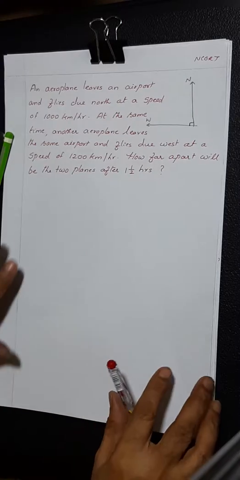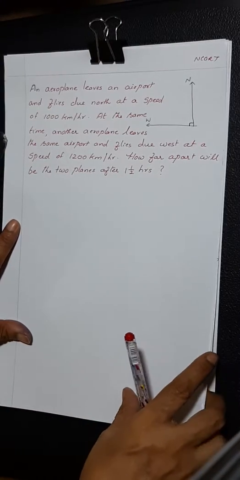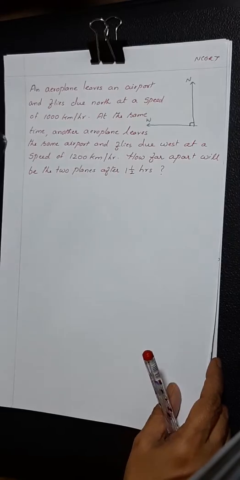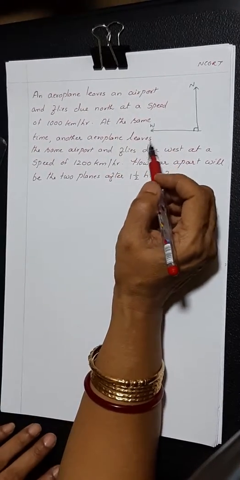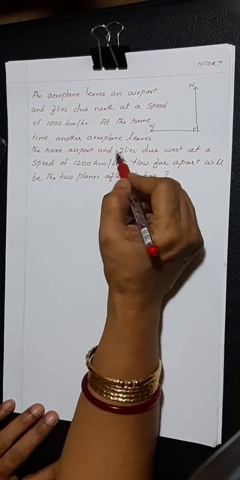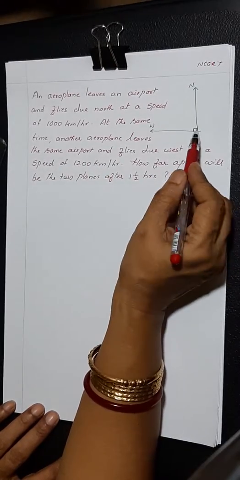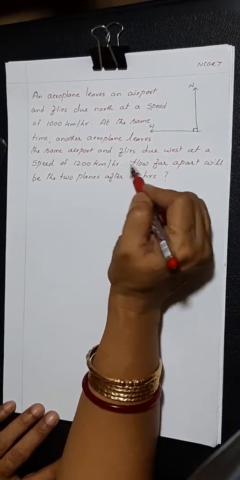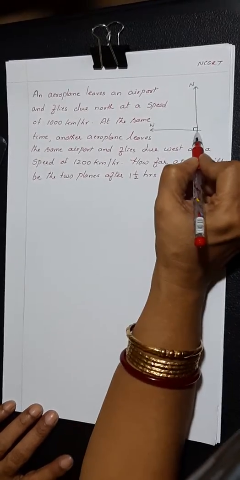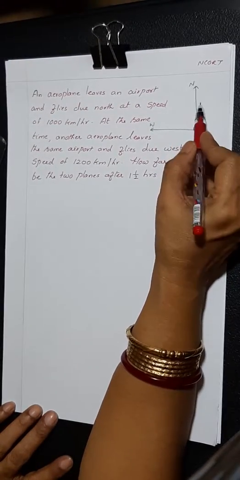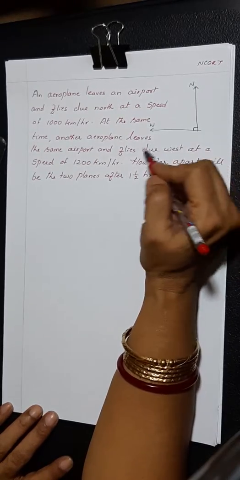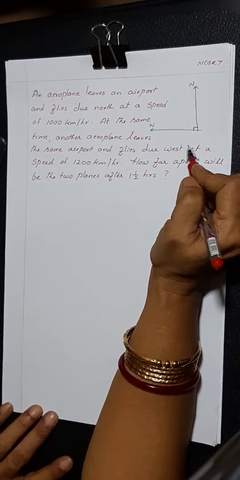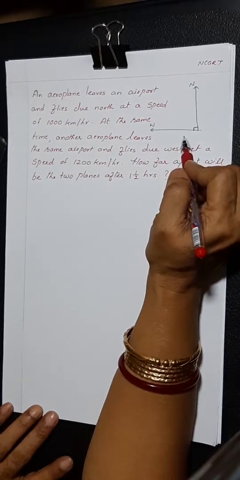An aeroplane leaves an airport and flies due north at a speed of 1000 km per hour. At the same time, another aeroplane leaves the same airport and flies due west at a speed of 1200 km per hour.